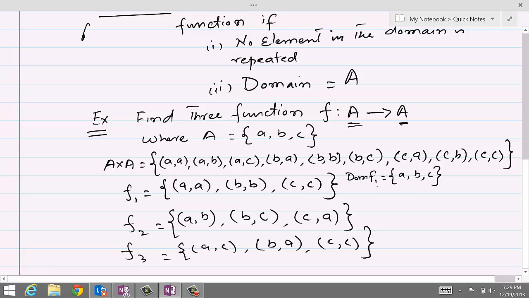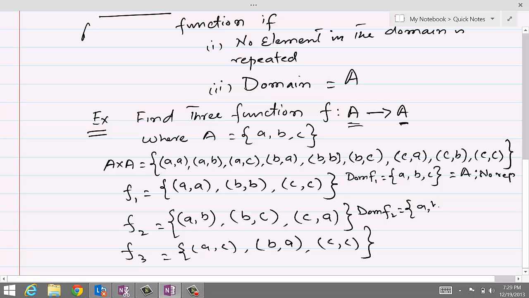No element in the domain of F1 is being repeated, and it is equal to set A. Similarly for F2, the domain is the collection of first elements of every ordered pair, a, b, c.